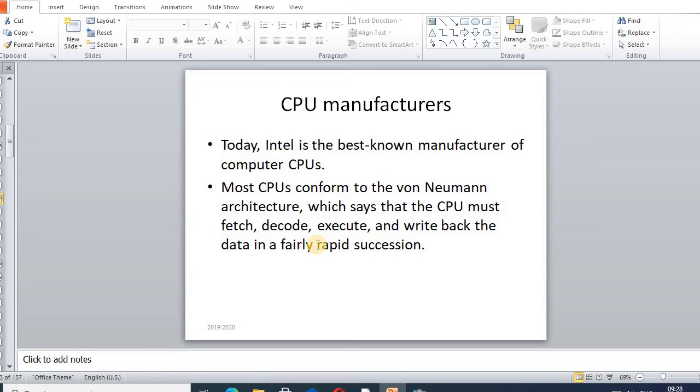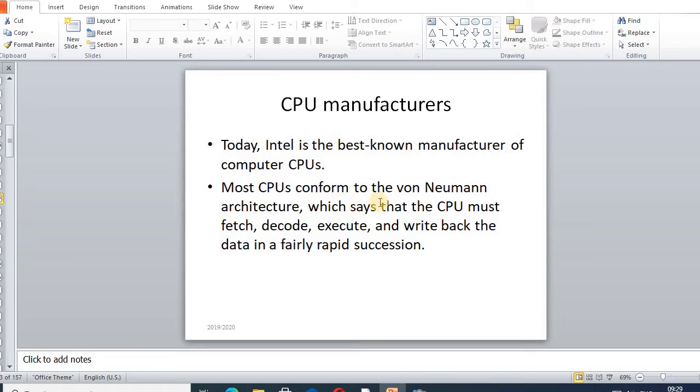And why do we have that? Because servers work 24/7 without stopping. But these single machine users need only one processor, and it can still do my task. So we don't need to fill it with a lot of processors. Is it okay? So that's the reason why Intel stands out as the best manufacturer of CPUs across the globe.